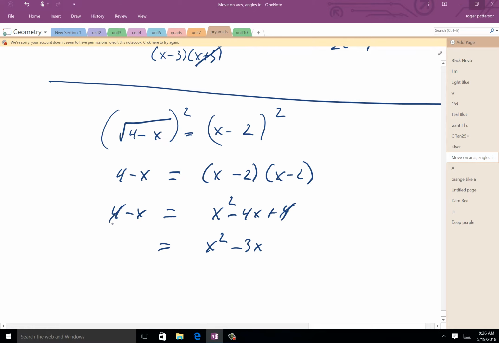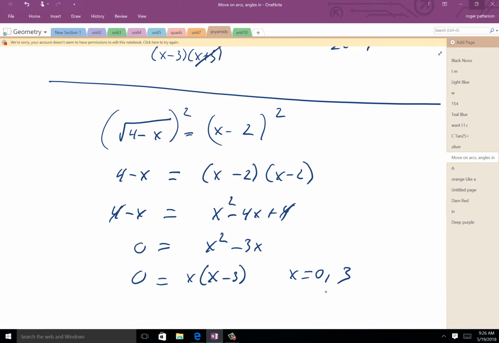Oh, look at that, those 4s are just going to go. This is 0, 0. Here, when we factor, we're just going to take an x out. We're left with x, 0, and 3. So that worked out pretty nice.